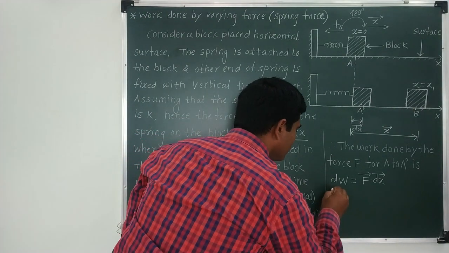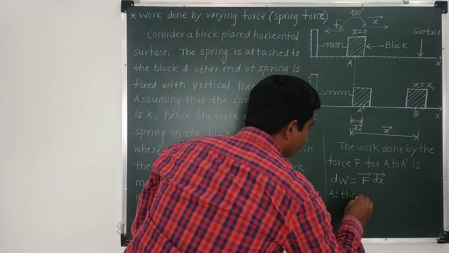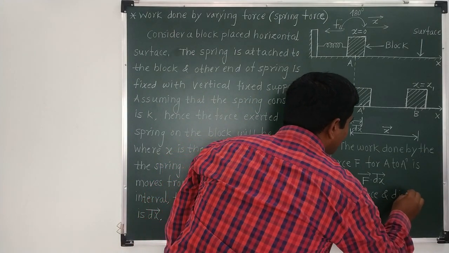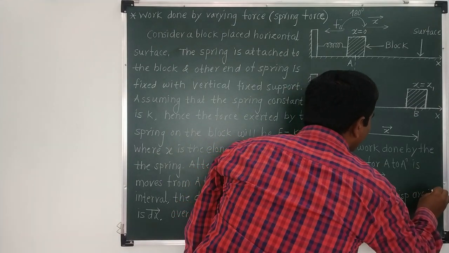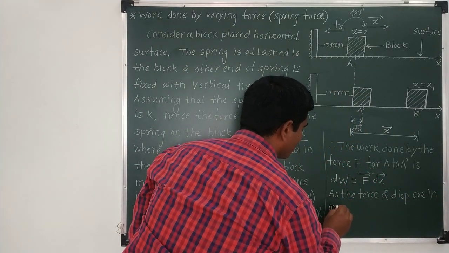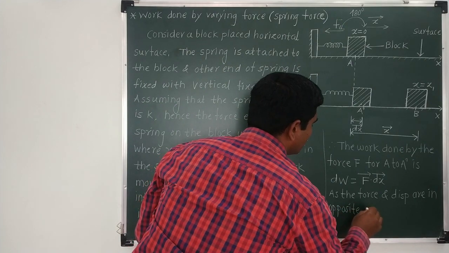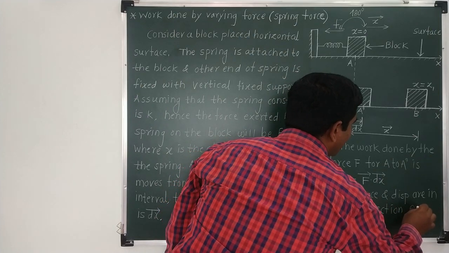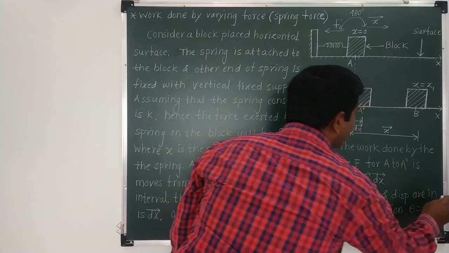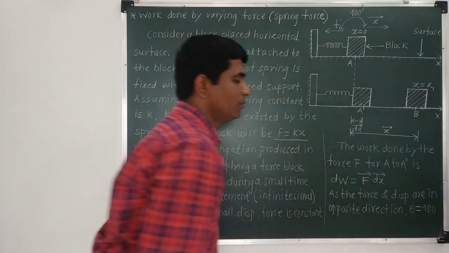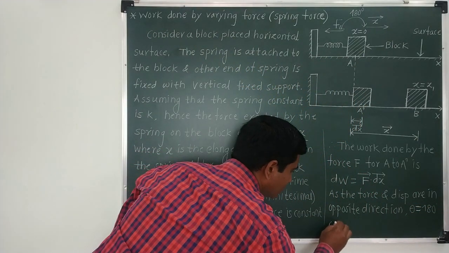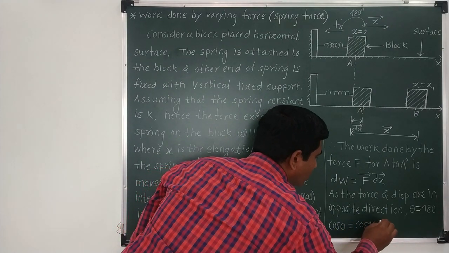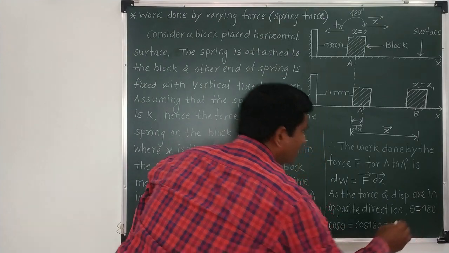So as the force and displacement are in opposite direction, then theta is equal to 180 degree. And we had seen yesterday cos of 180 degree will be minus 1.